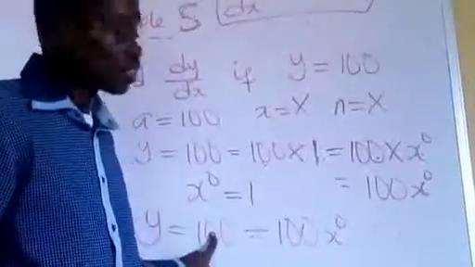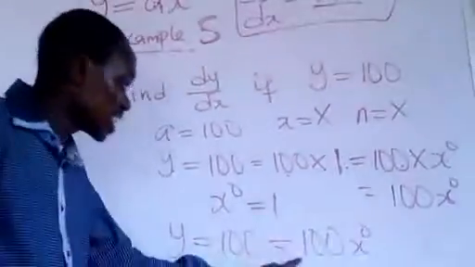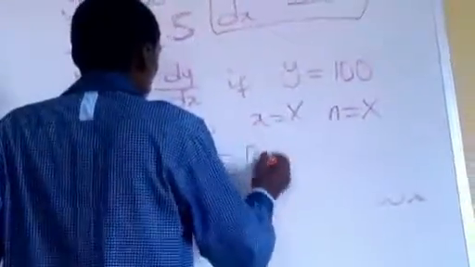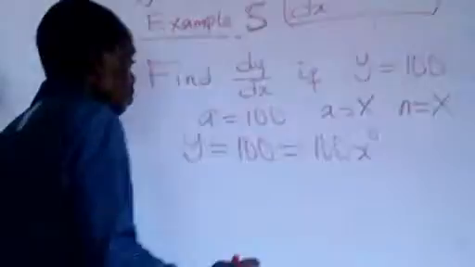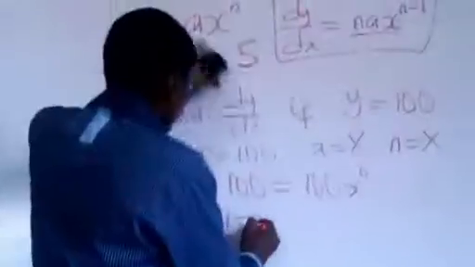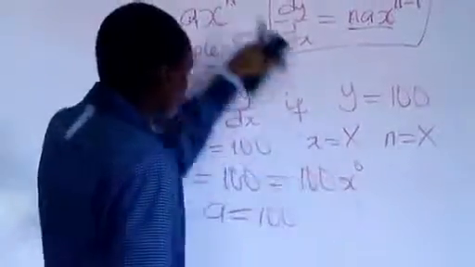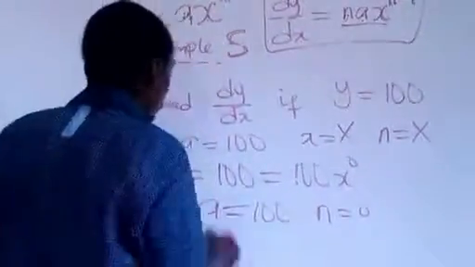Okay, I hope you observe. So now we're going to proceed to differentiate 100 x raised to power 0. So y equals 100 is the same thing as 100 x raised to power 0. So right now our a is 100, our x is x, our n is 0 and our y is y.